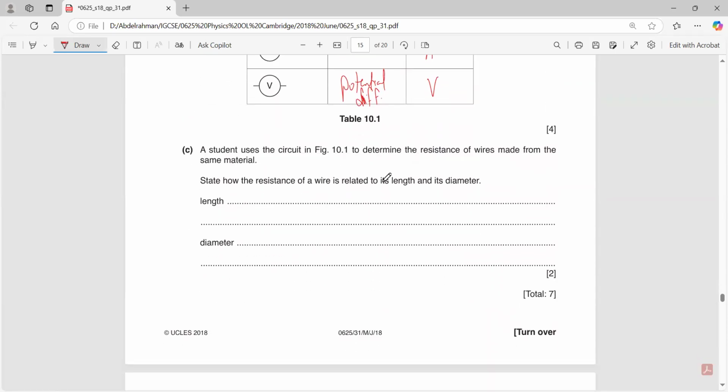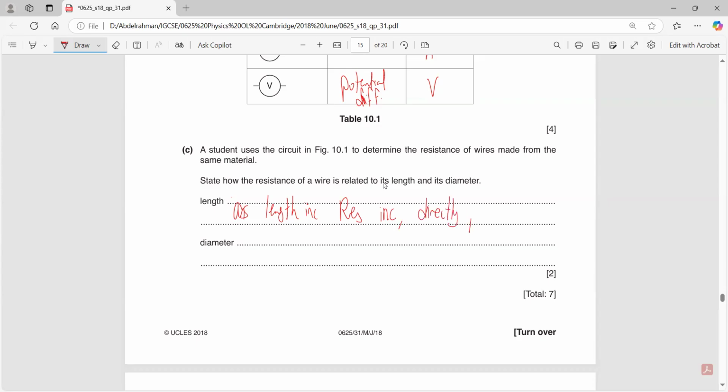Length: as the length increases, what happens to resistance? Resistance increases as well. So we call this a directly proportional relationship.